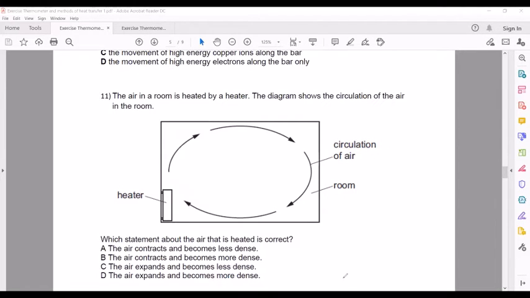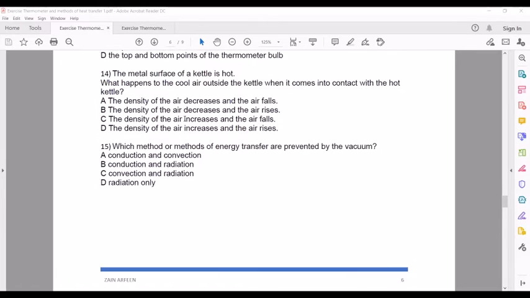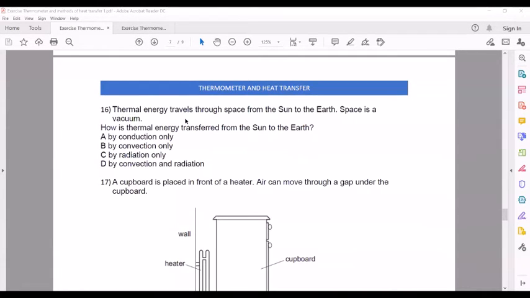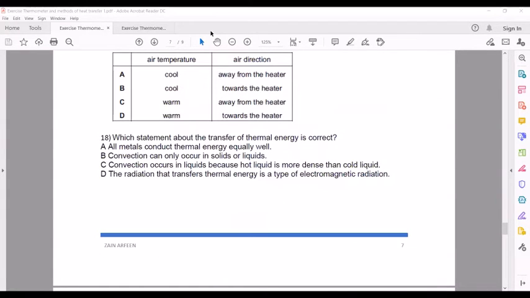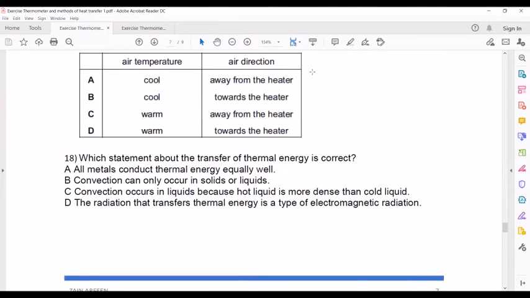Any other doubt from question 11 to question 15? In question 18, which statement about the transfer of thermal energy is correct?